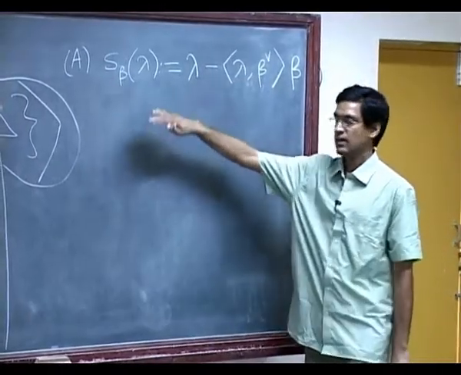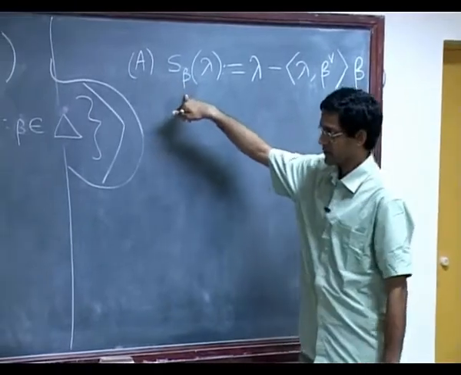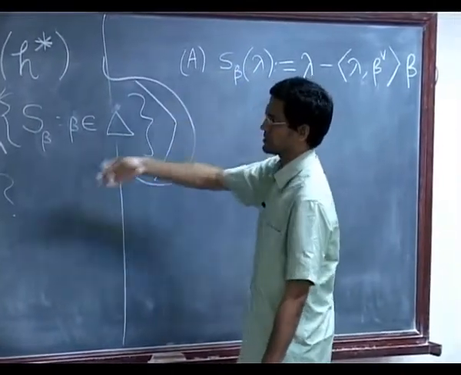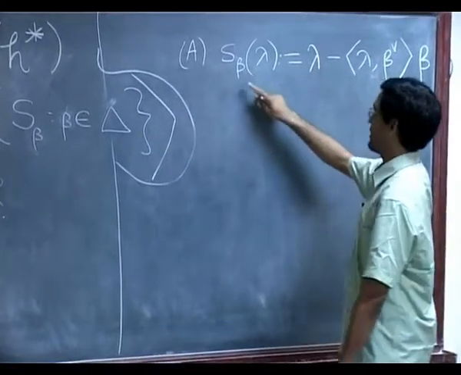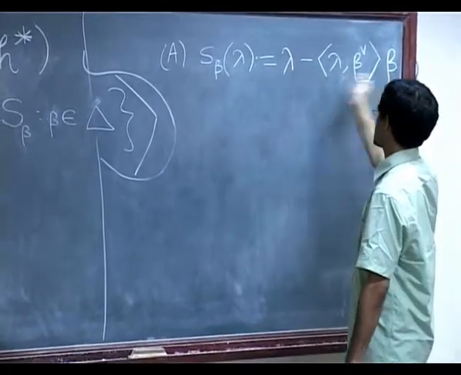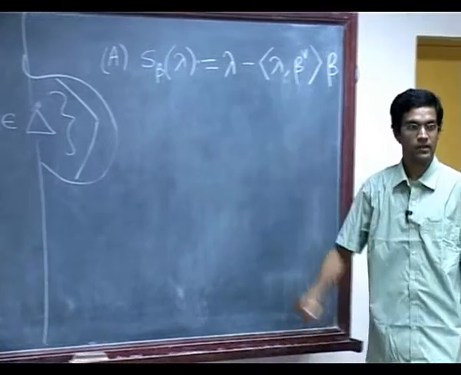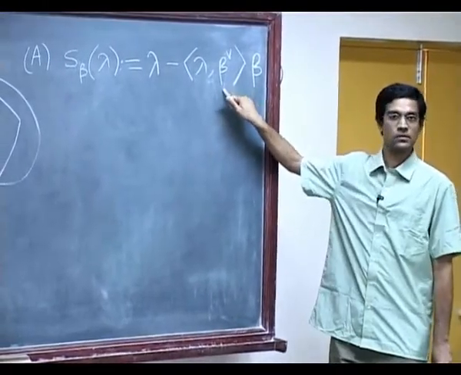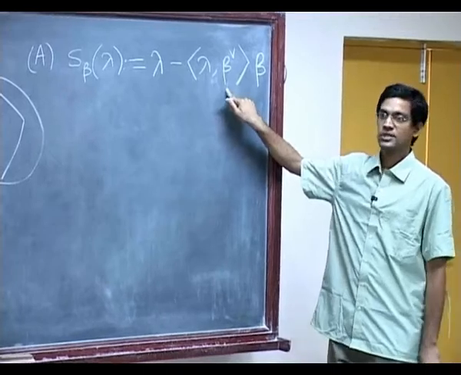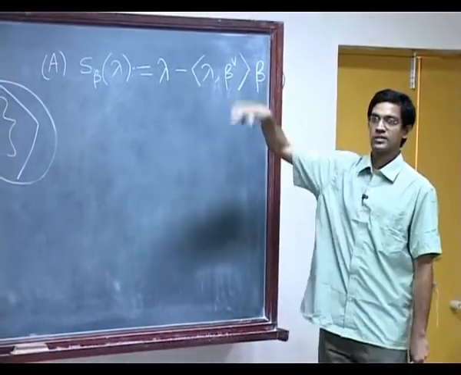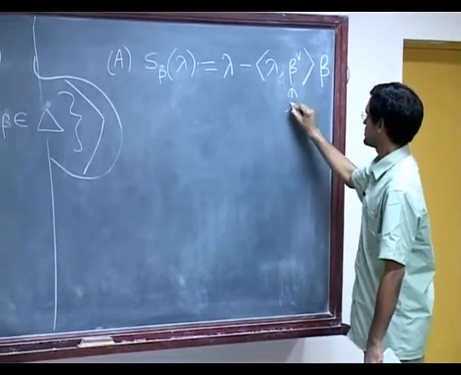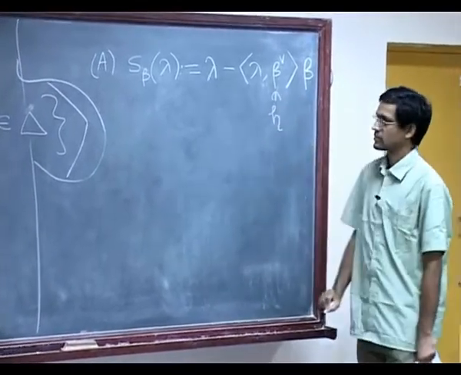So let's define the reflection S beta, where beta is now any of the roots, by saying S beta of lambda has to be defined by this formula. Okay. Except now the trouble is, what is beta check? In the finite dimensional setup, beta check was the co-root. It was actually an element of H, right. This should now technically live in H.